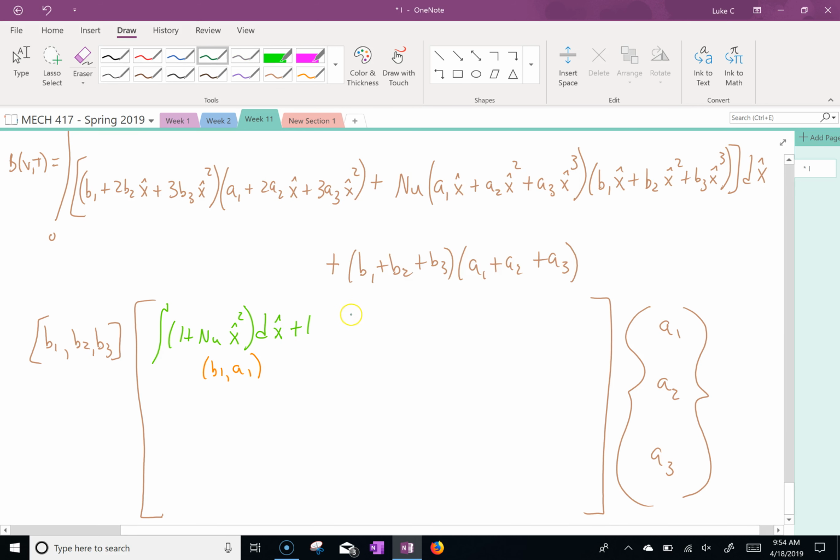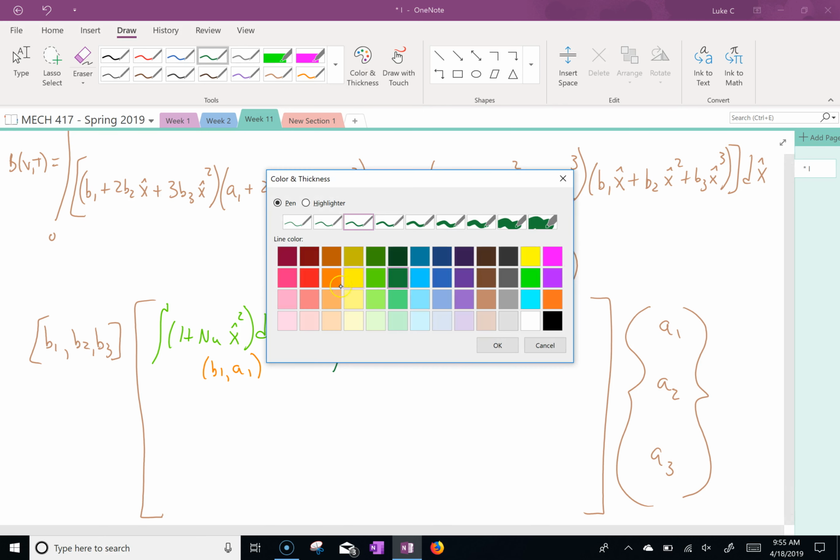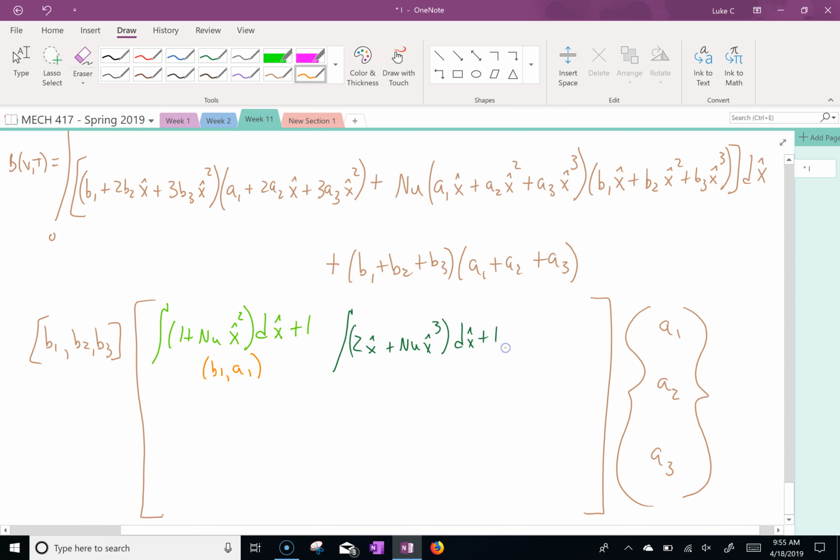The next term is going to be integration of 2x hat plus nu x hat cubed dx hat from 0 to 1. And this is factoring out b1, a2.